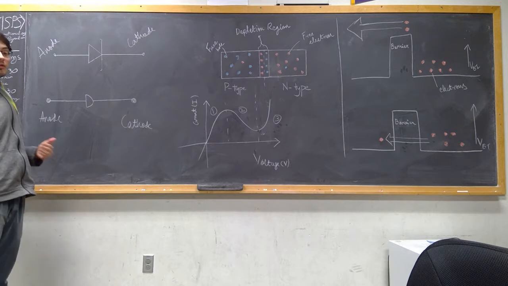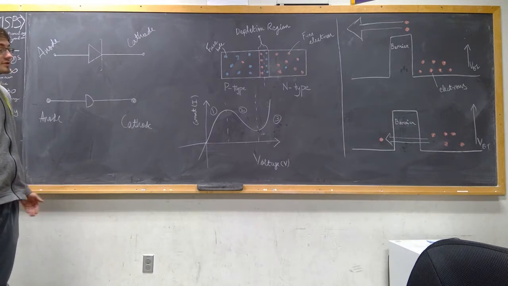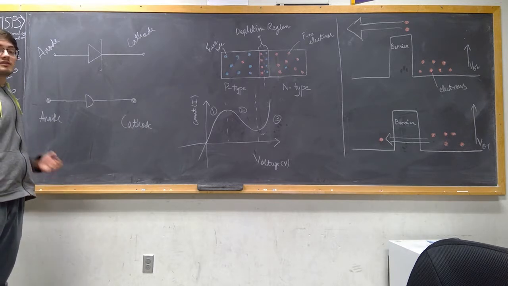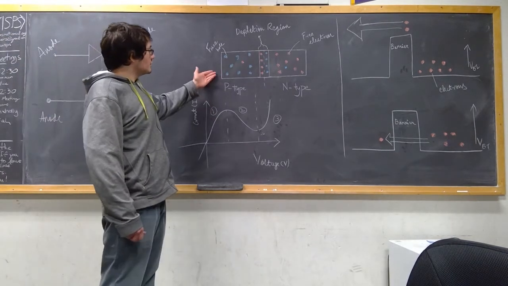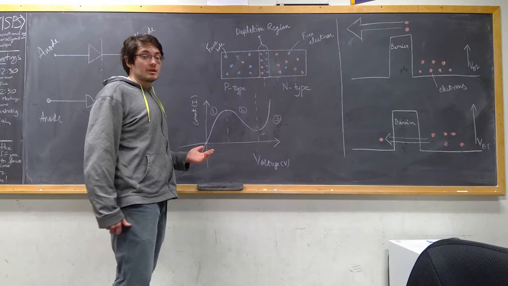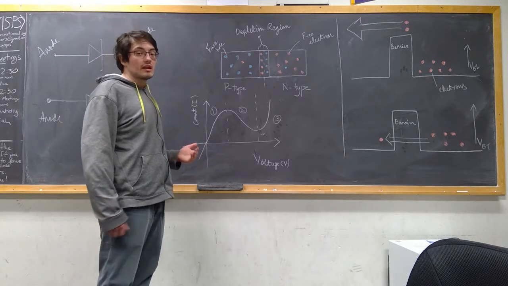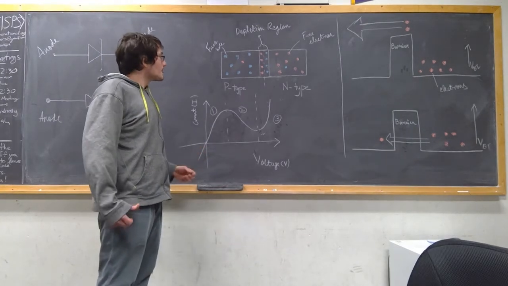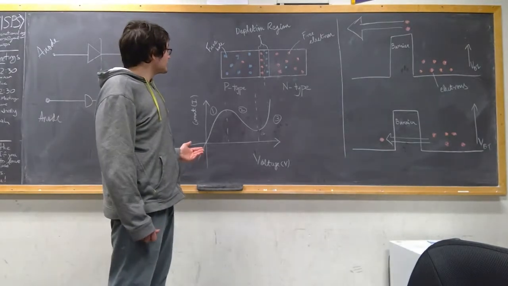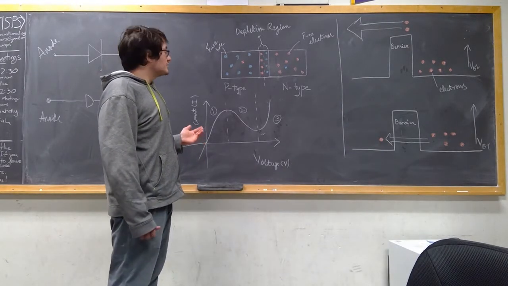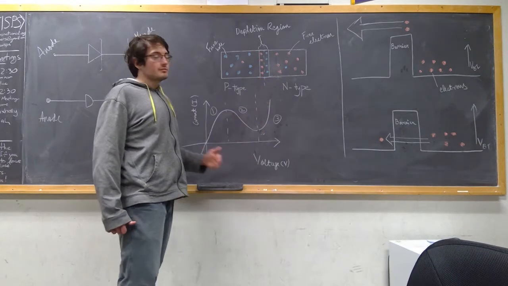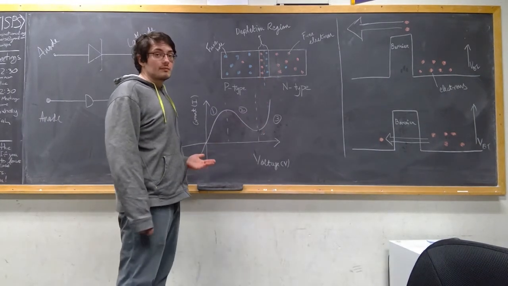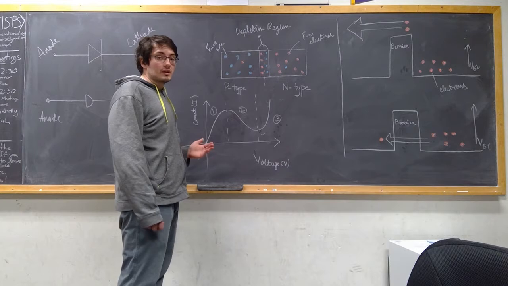Now, to show where these two devices differ in operation, we need to first talk about the structure of a normal diode. The structure of a normal diode is shown here. As I said, they are semiconductor devices, typically made from a silicon substrate. With this semiconductor substrate, two distinct regions are formed, a p-type region and an n-type region. These regions are formed by doping the semiconductor substrate with dopant atoms.